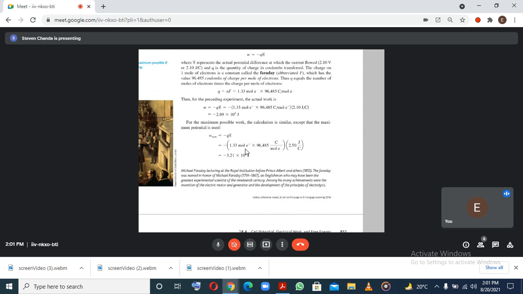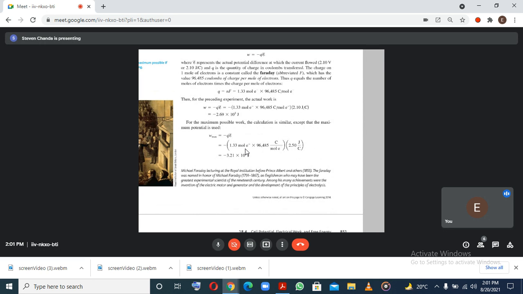And then Q is the quantity of charge in coulombs. So remember, Q is the amount of charge that was passing in that cell at that particular moment.